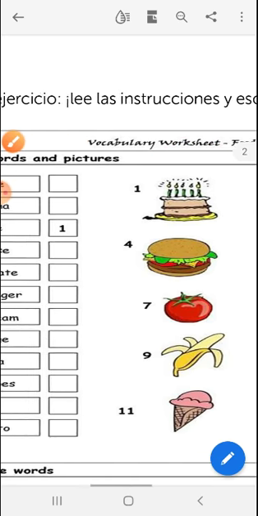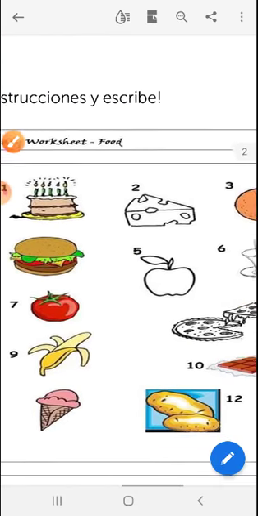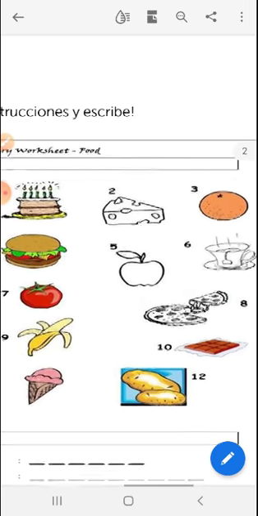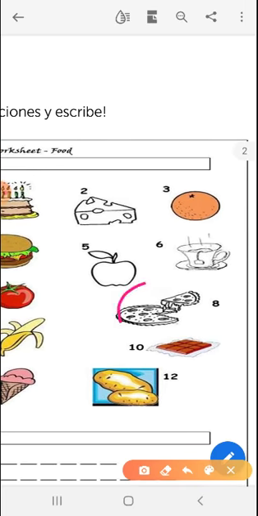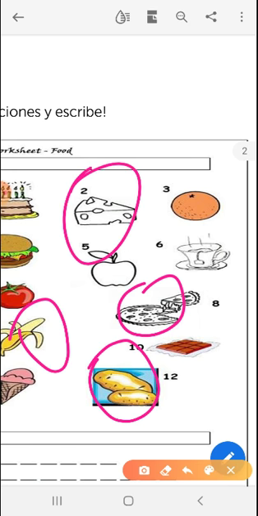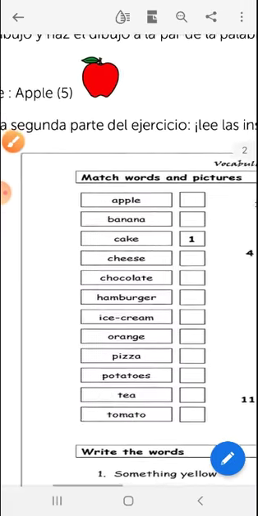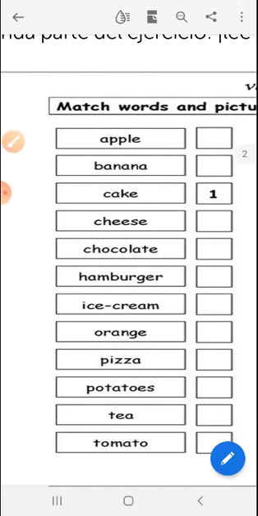De eso es muy fácil, muchas de esas las conoce. For example, you got pizza, cheese, potato, banana, hamburger, tomato, yes? Those are very easy. En este lado tenemos the words, las palabras, ¿ok?